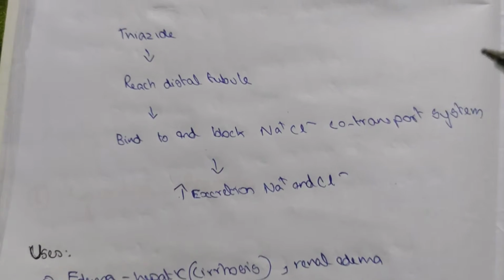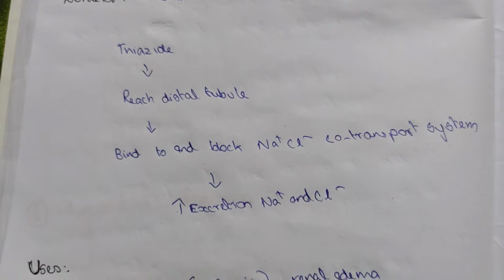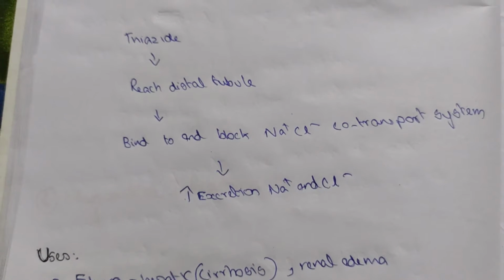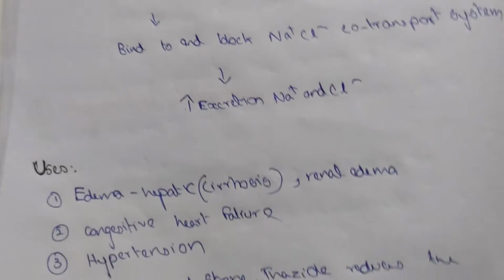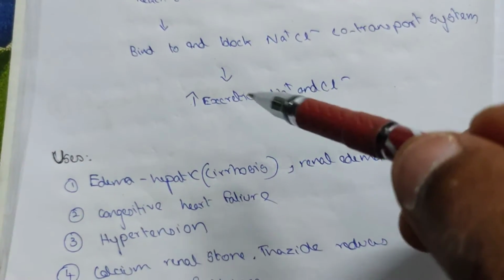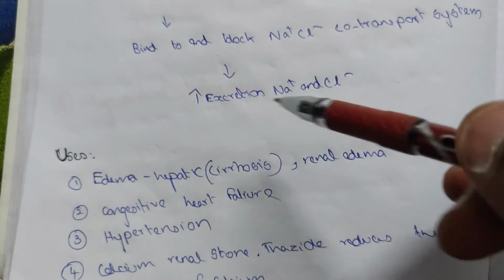So this drug increases the excretion of Na plus as well as Cl minus ions, and it is used in conditions where we want the excretion of Na plus and Cl minus ions.